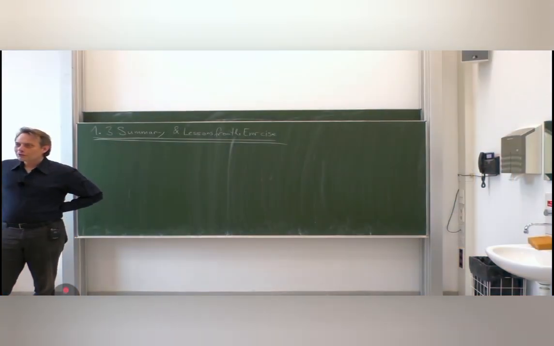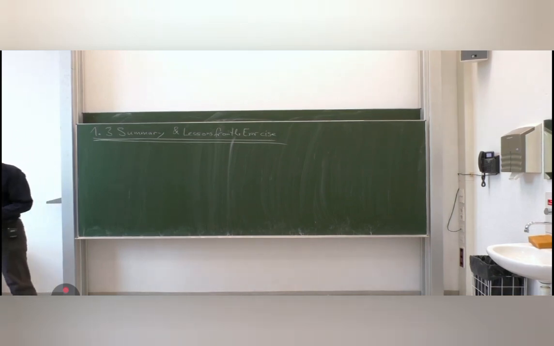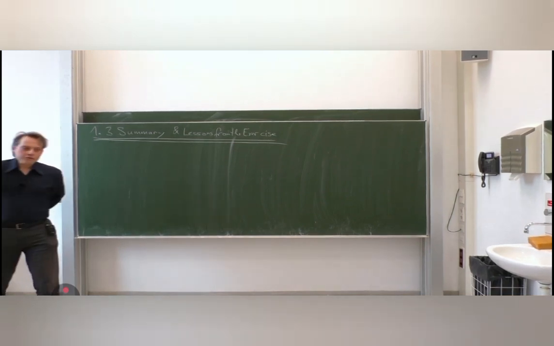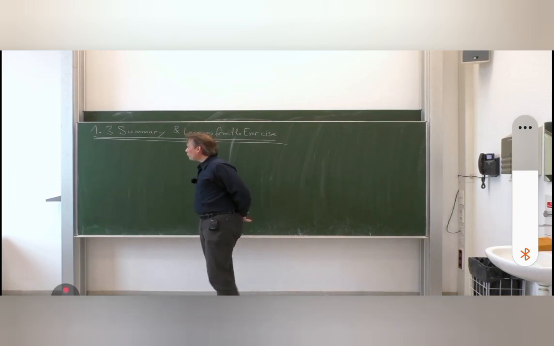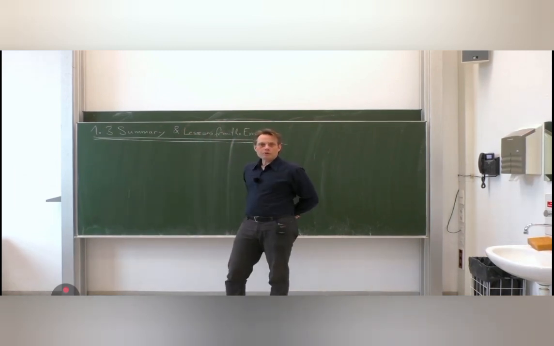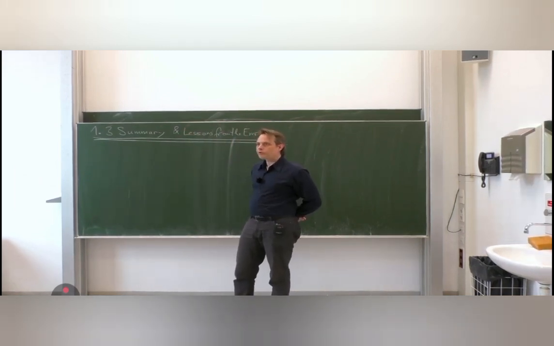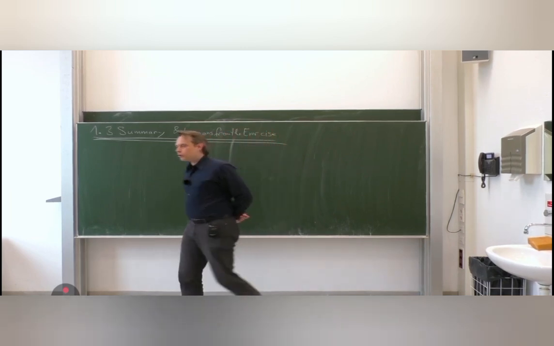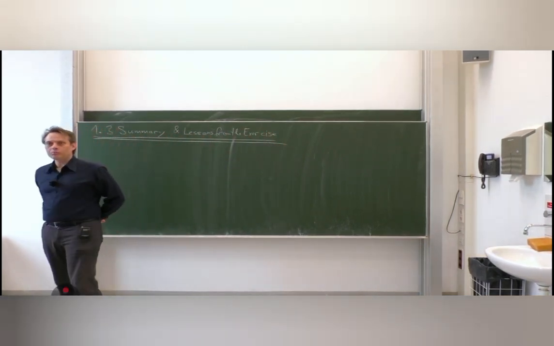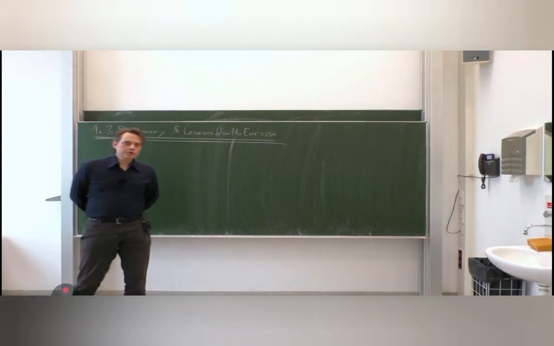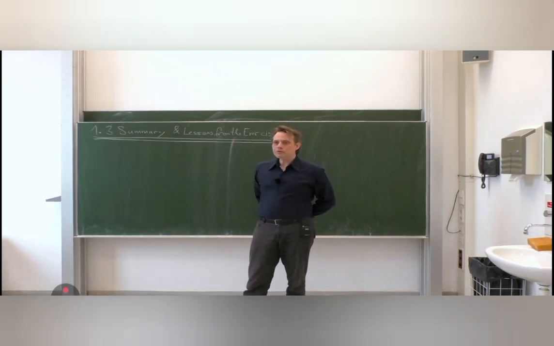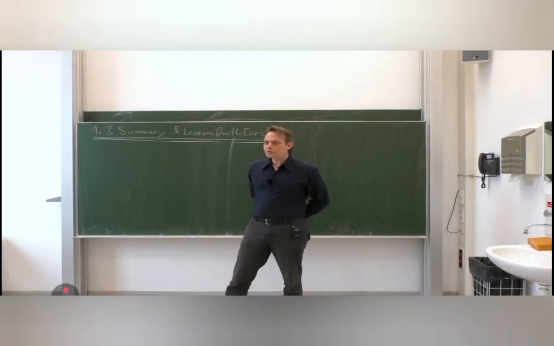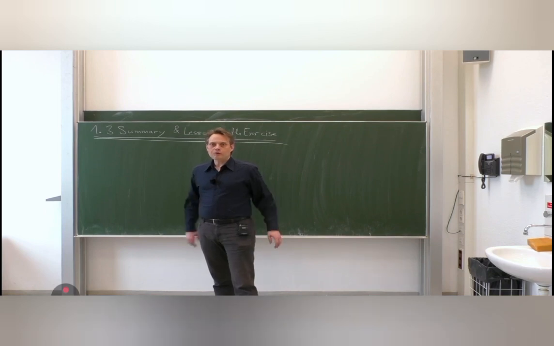Okay, then welcome back to effective field theory. Last week we did a lot of exercises, and in the week before in our lecture we began with discussing what effective field theories actually are and how they work and how they can be constructed. In short, effective field theories provide for us a low energy approximation of some fundamental or full theory which works at higher energy scales.